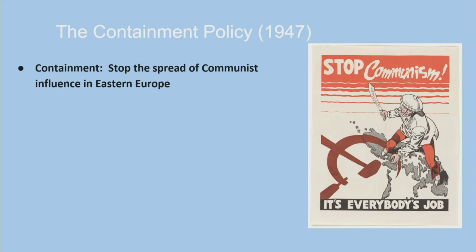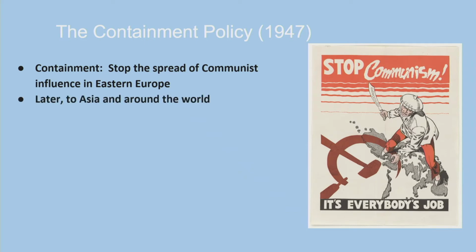We're going to stop the spread of communist influence in Eastern Europe from expanding any further than where it is. So implicit in this definition of containment of communism is we're going to put it in a box and not let it grow any bigger. We're not going to undo where communism already is. All right, and we'll see what that means, particularly in China and Korea in a moment.